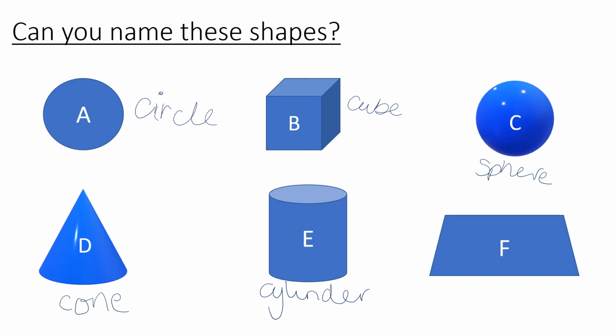It's quite a tricky one to know the name of. If you wrote quadrilateral, you're correct, because that means a four-sided shape, which this has. However, this is actually a particular four-sided shape, and it's a trapezium.